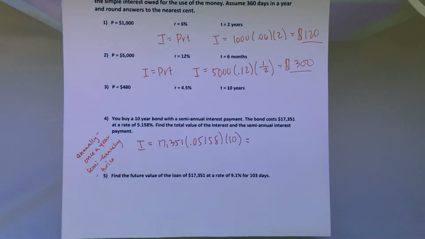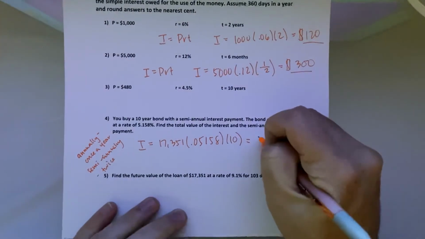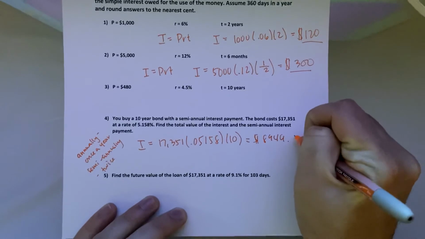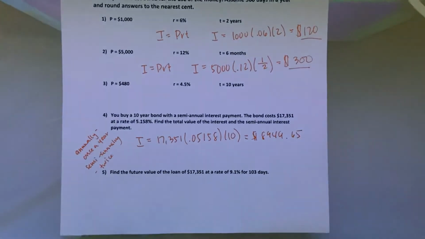Finding the total amount of interest is easy, assuming a simple situation, which is what we're doing here. So we have 17,351 times 0.05158 times 10. For this, we get a total amount of interest of $8,949, and you always round to 2 decimal places, so 65 cents.